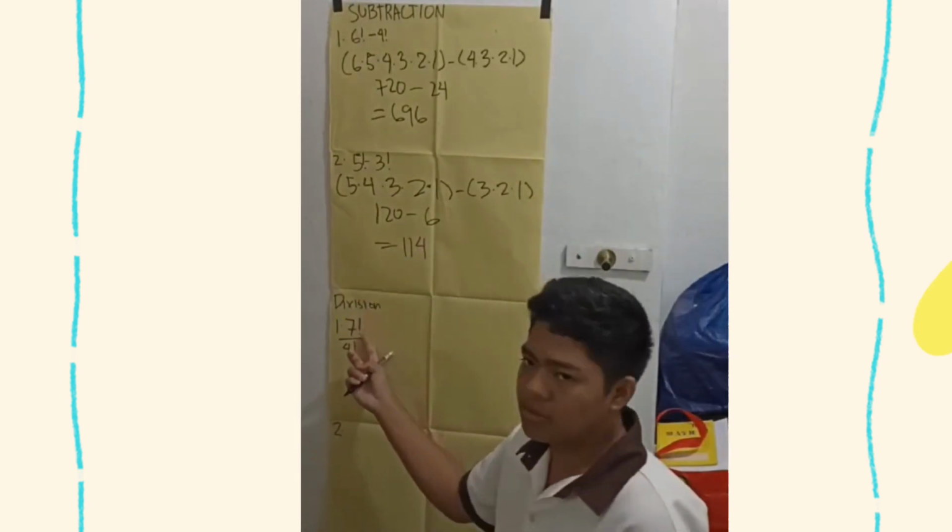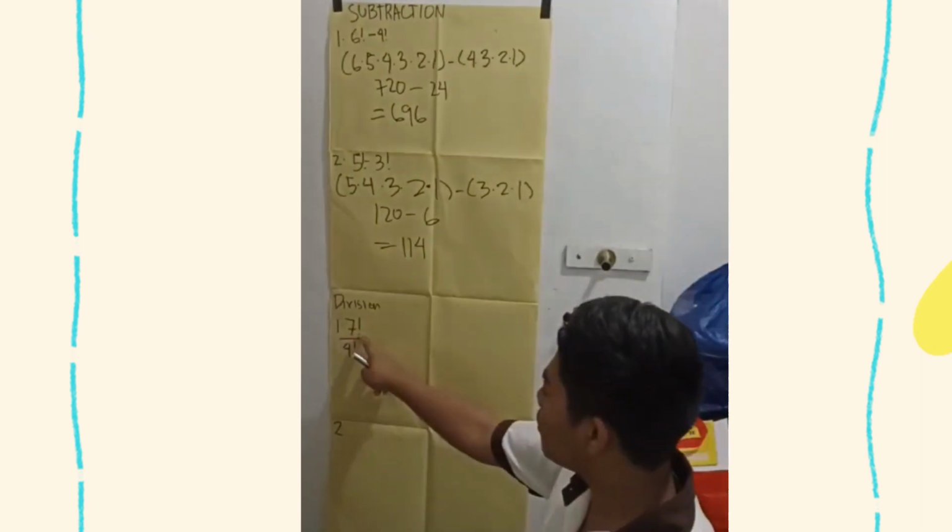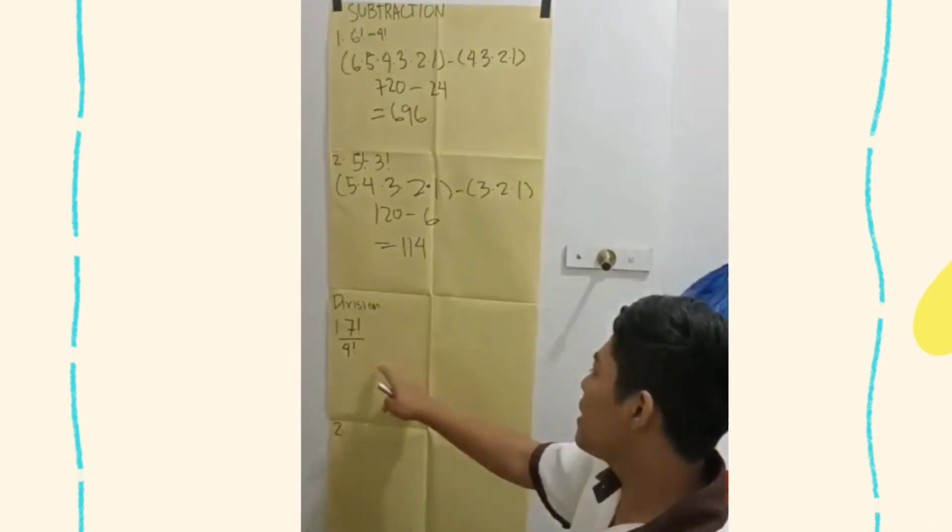Next, division. Number 1, meron tayo dito 7 factorial divided by 4 factorial.